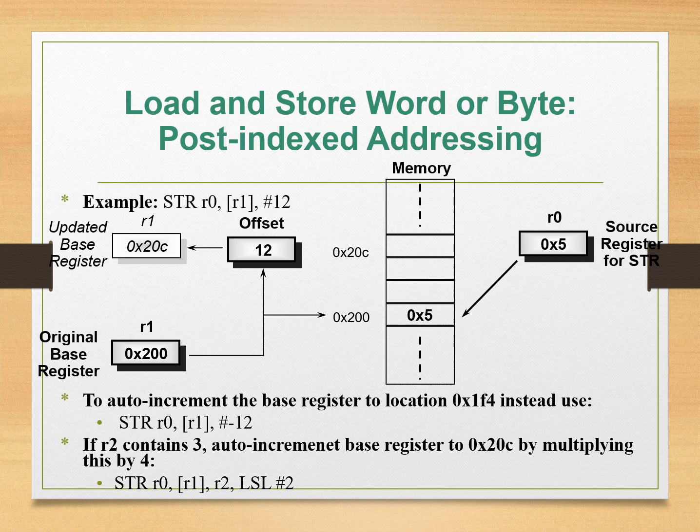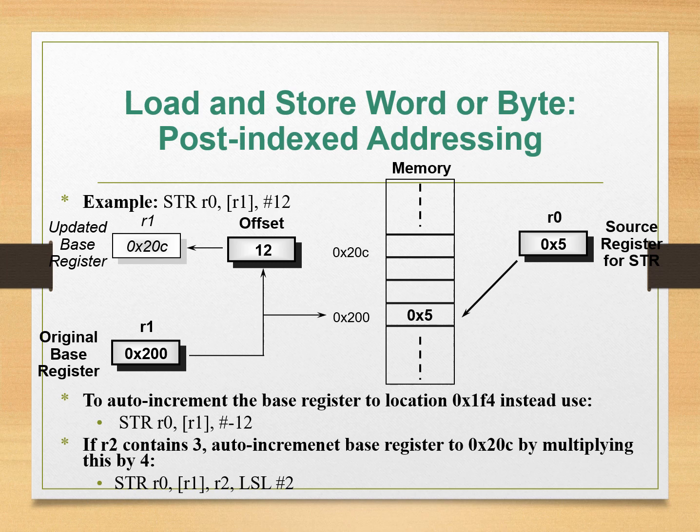You store whatever content of R0 into this location, the original base location. But after you execute the instruction, R1 will be 200C. This is what we mean by post index addressing.